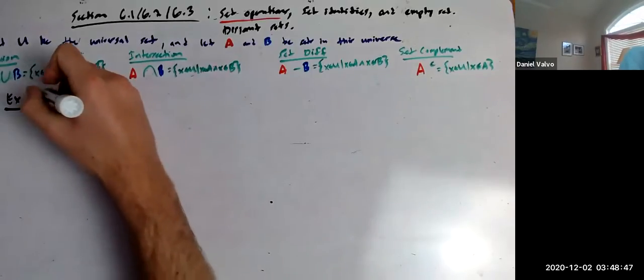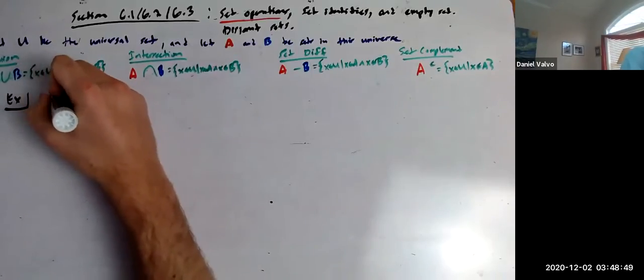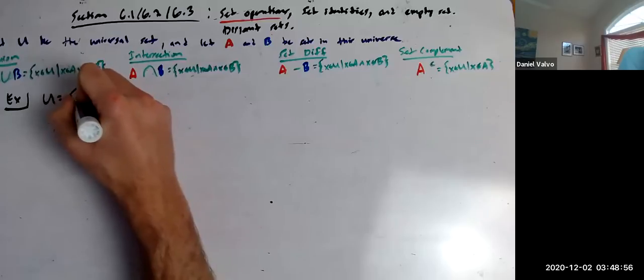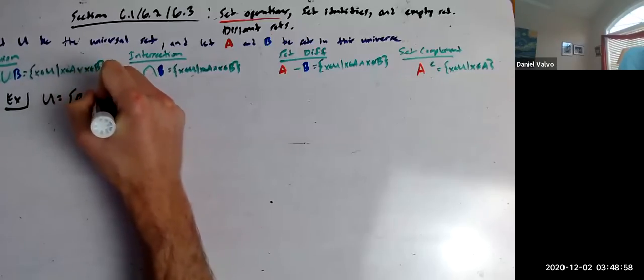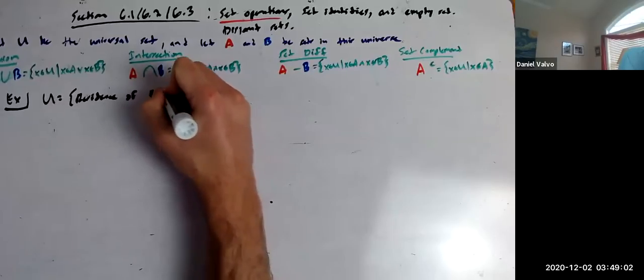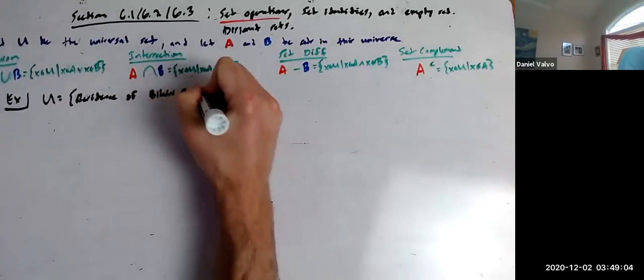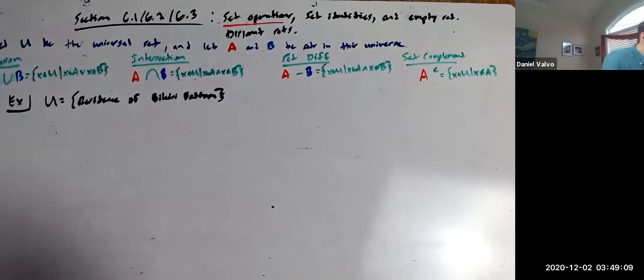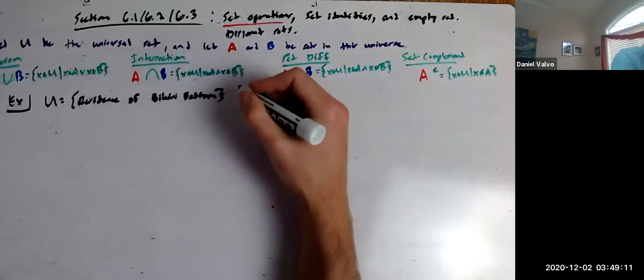So let's say U is the residence of Bikini Bottom. So this is a SpongeBob metaphor. U is the residence of Bikini Bottom. We live in Bikini Bottom.